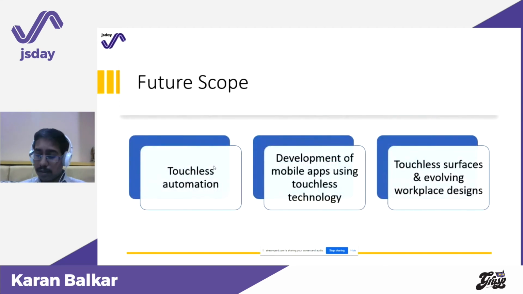So, what are the future things that touchless technology has to offer? A lot of organizations have started adopting this technology into their mainstream systems. Touchless automation is one area where you streamline the whole process. If you have to develop an app from scratch, and you want to make sure that all the phases of the app, for example the standard software development life cycle, are done in a touchless manner, here is where you can incorporate this technology.